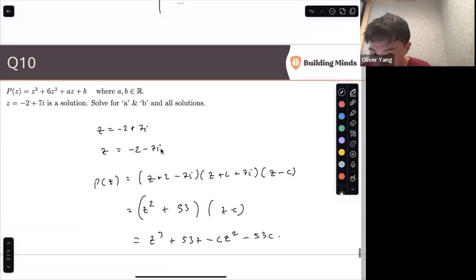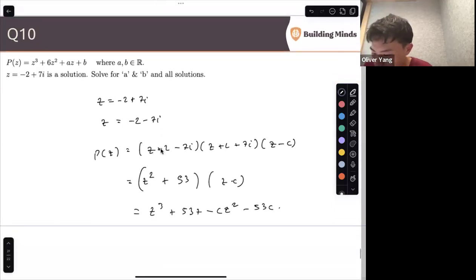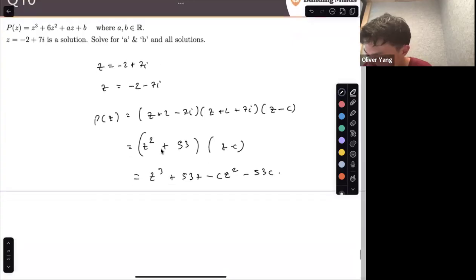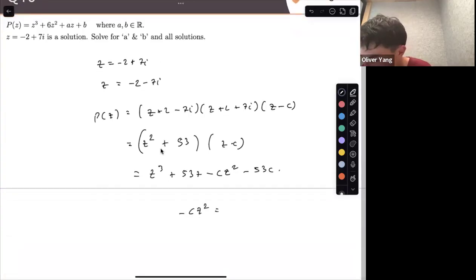And then we know that our negative CZ squared equals 6Z squared. So therefore C equals negative 6.